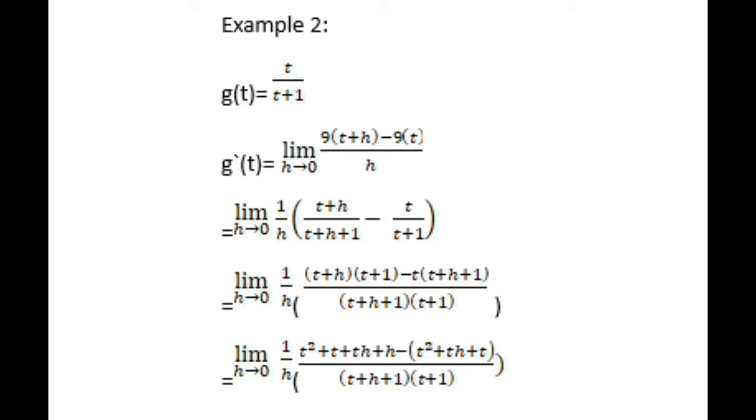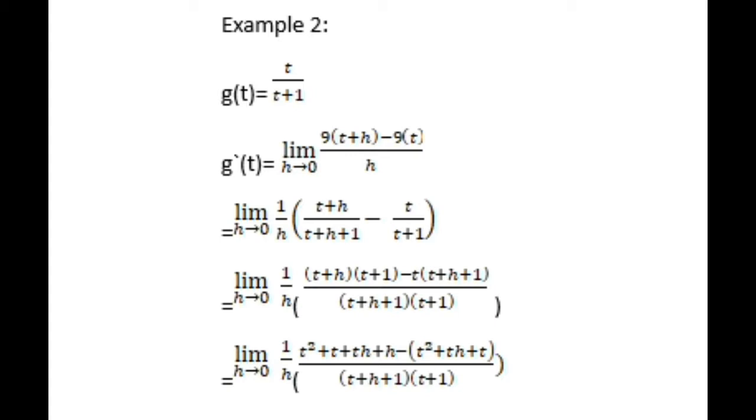Then, cross-multiply the given function. It becomes the limit of 1 over h times t plus h times t plus 1 minus t times t plus h plus 1 all over the quantity t plus h plus 1 times the quantity t plus 1 as h approaches 0.